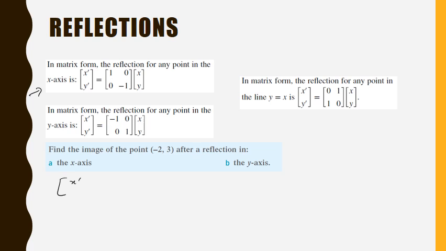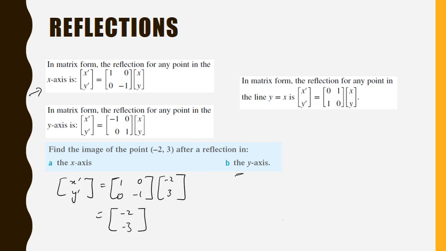So x dash y dash is equal to 1, 0, 0, negative 1, times negative 2, 3. And remember to multiply matrix, we do rows by column. So then we get negative 2 plus 0 on the top, and then on the bottom we get negative 3. And this should make sense because if you reflect in the x-axis, any positive y's become negative, and then negative y's become positive.